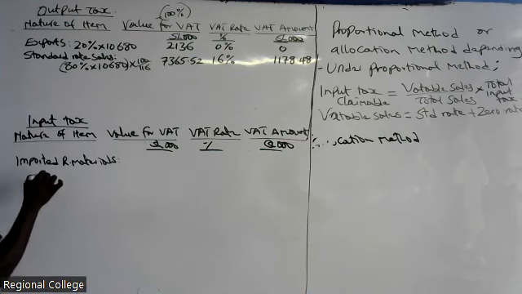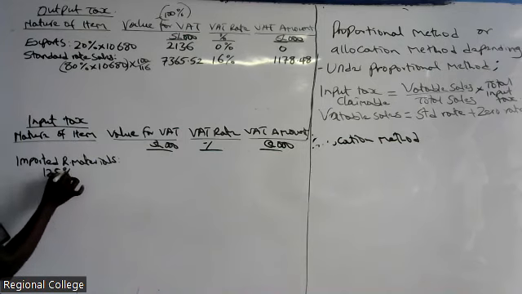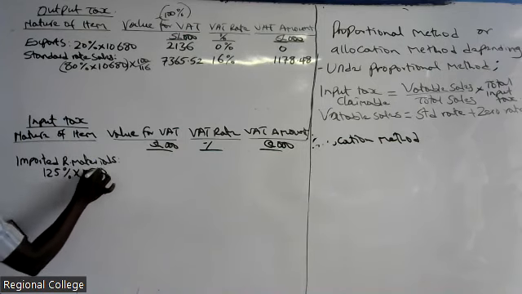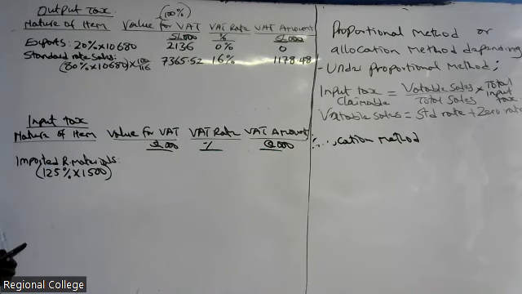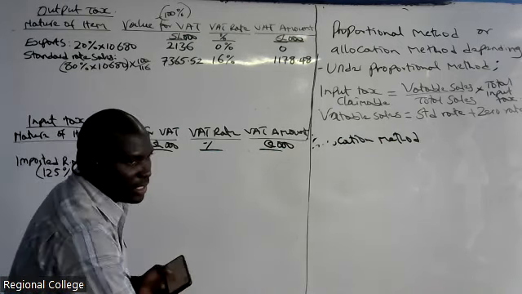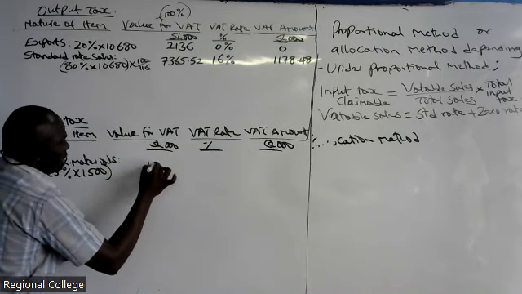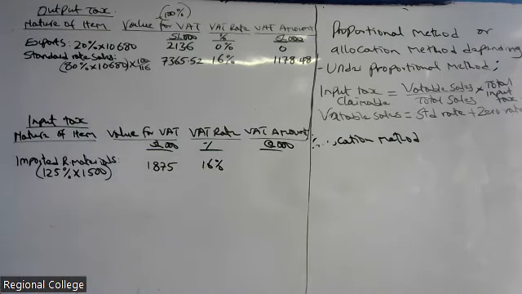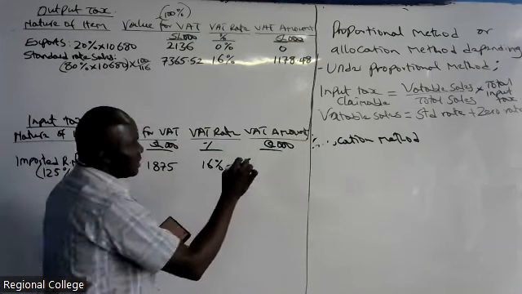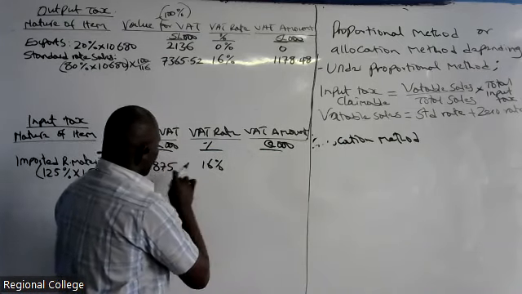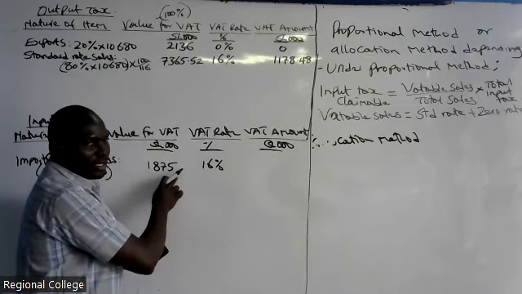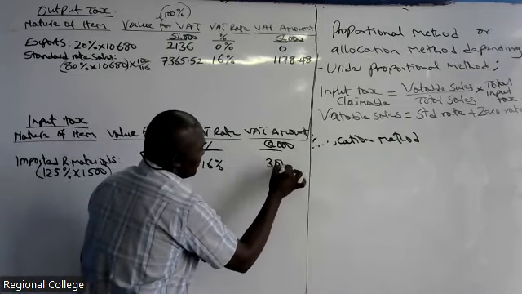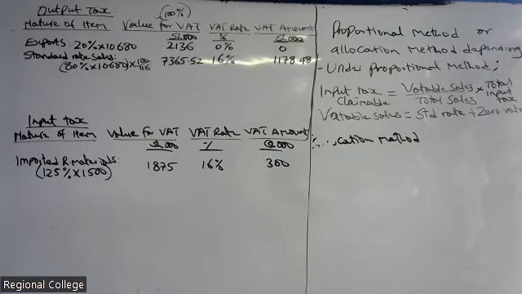So therefore, 125% of 1,500. What is the value for VAT? 1,875 times 16%. How much? 300. That is 16% of 1,875.